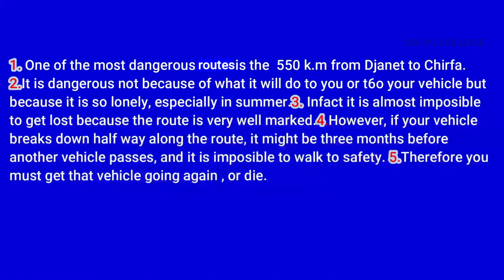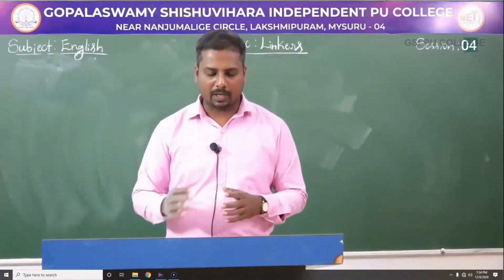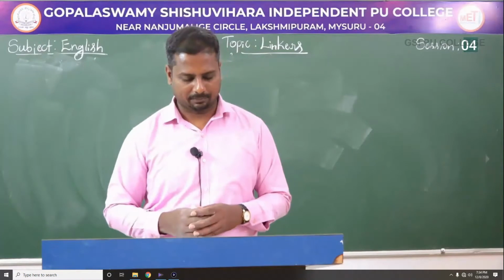This is idea number 3. However, if your vehicle breaks down halfway along the route, it might be 3 months before another vehicle passes, and it is impossible to walk to safety. This is idea number 4. Therefore, you must get that vehicle going again or die. So this is idea number 5. Now there are 5 ideas you can find in this paragraph.